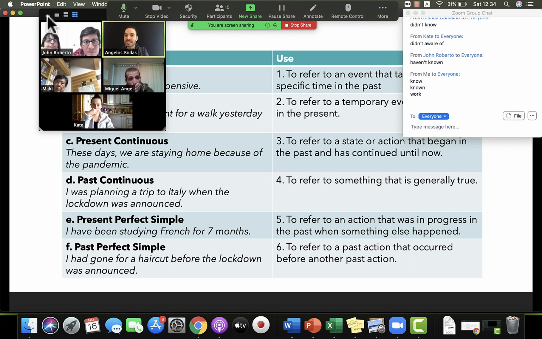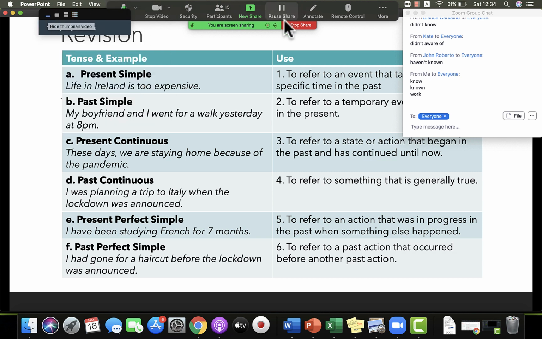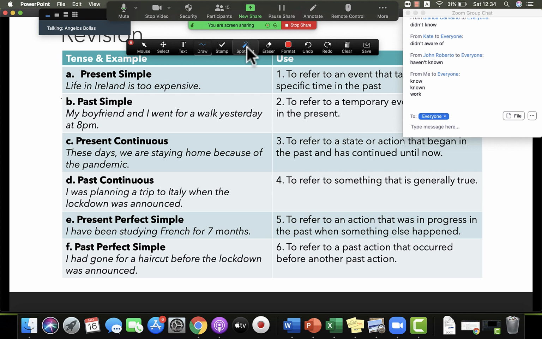In this activity, I'd like you please to match the tense, with an example here, with the use. So let's do the first one together before you start. It says present simple: Life in Ireland is too expensive. Which of these is true about this?